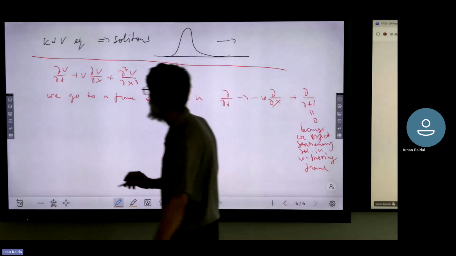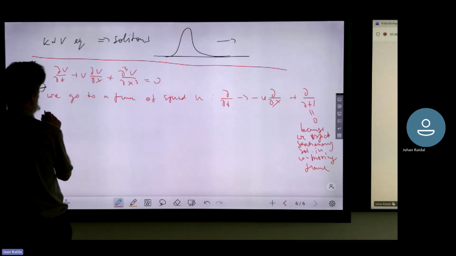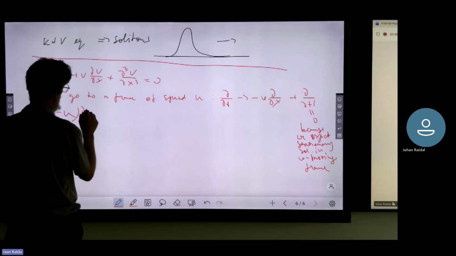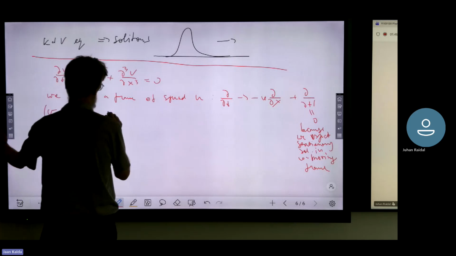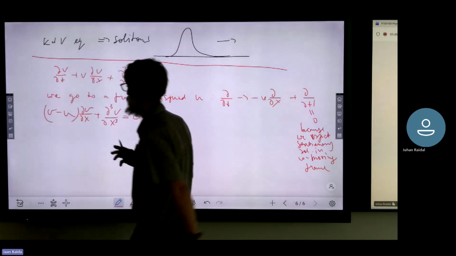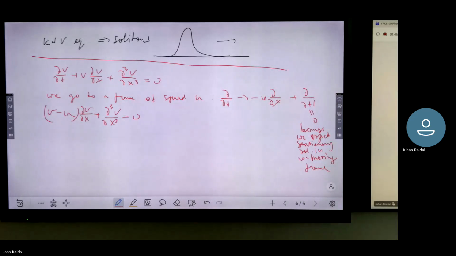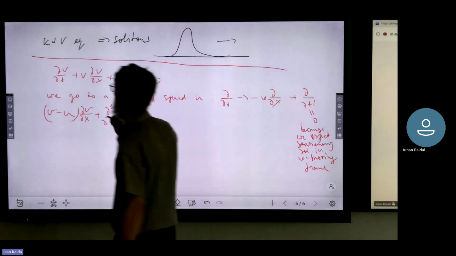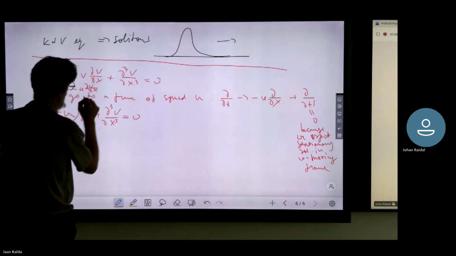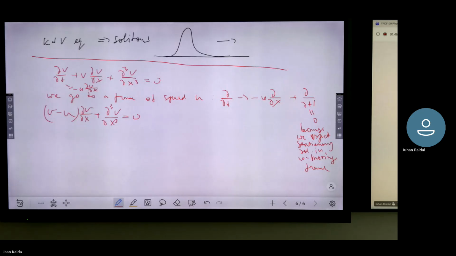And so our equation now becomes (v minus u) dv over dx plus d cube v over dx cube equals 0, because the first term went to minus u dv over dx. Now we need to solve this.